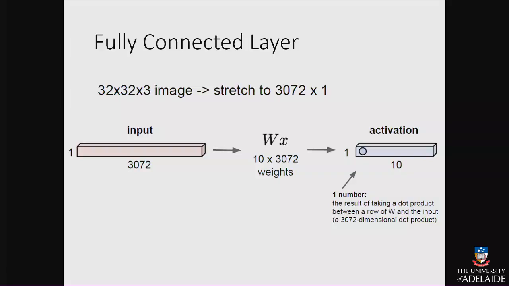If you want to classify the image into one of 10 classes, the weight matrix will be 10 times 3072, so that means it will be about 30,000 parameters in this weight matrix W, right? This amount still seems manageable, but clearly this fully connected structure doesn't scale to larger images.